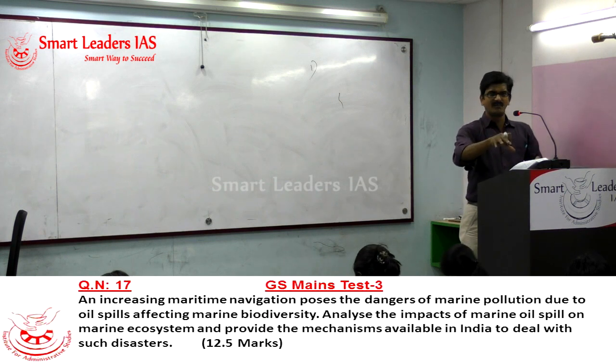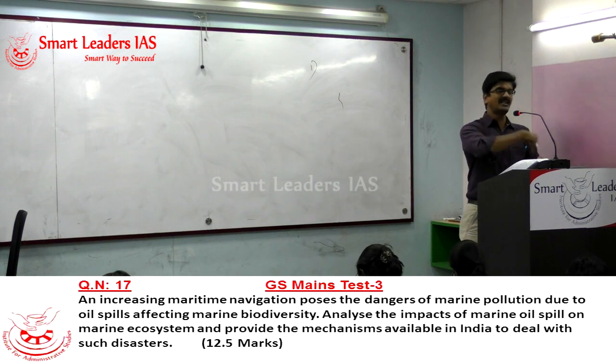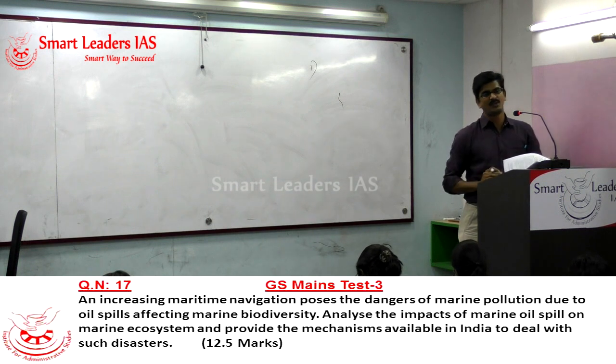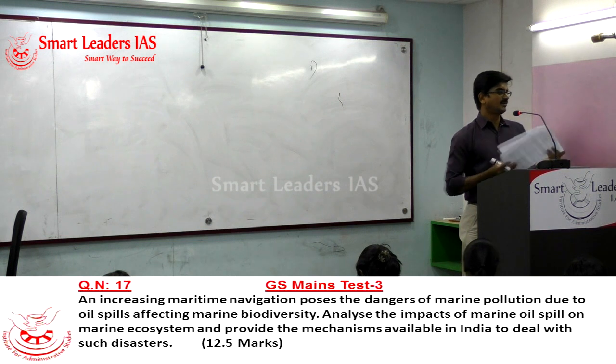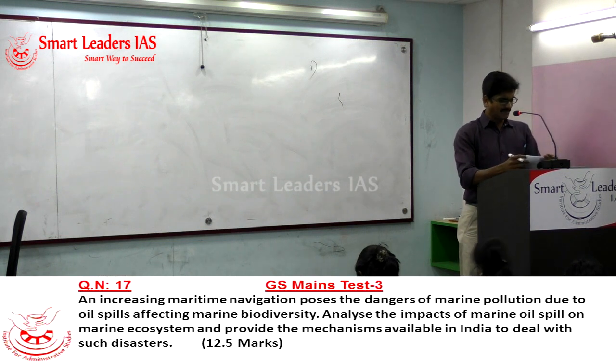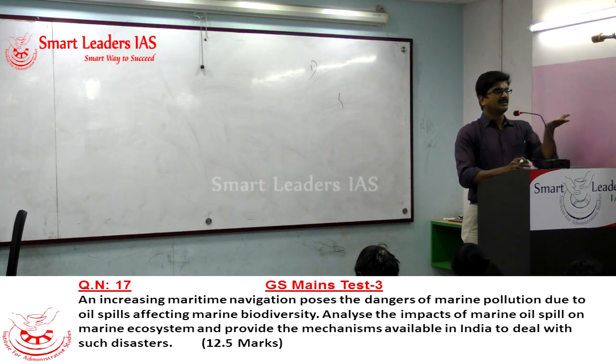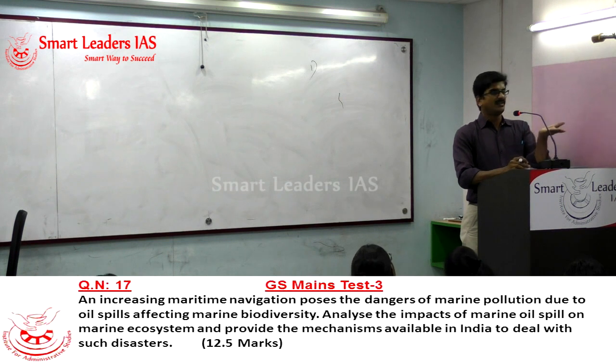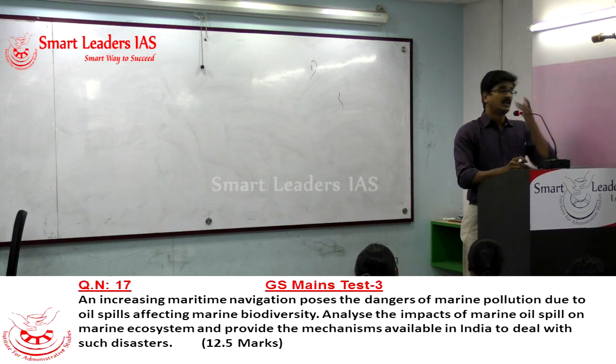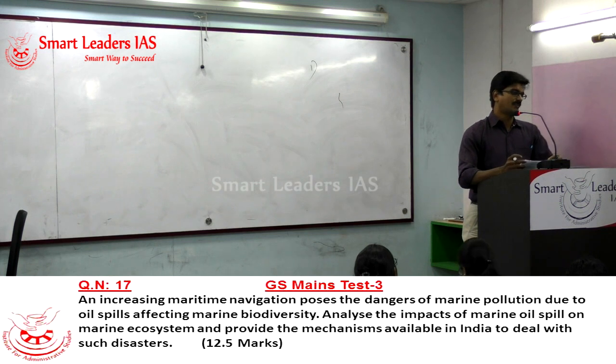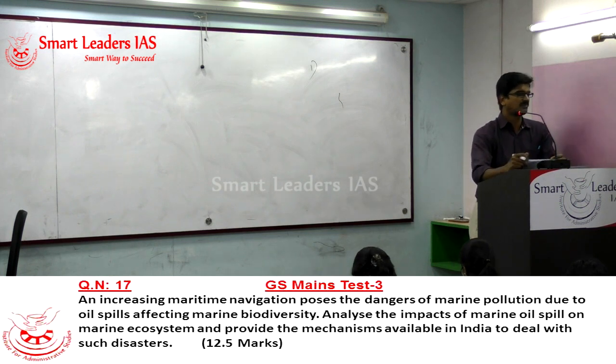Once it enters the marine food chain, people will catch the aquatic products. It will enter the terrestrial food chain also. So entering the food chain is the one impact. The second impact, the thick slick oil layer prevents the entry of sunlight and hence prevents photosynthesis of phytoplanktons. That's the second impact.